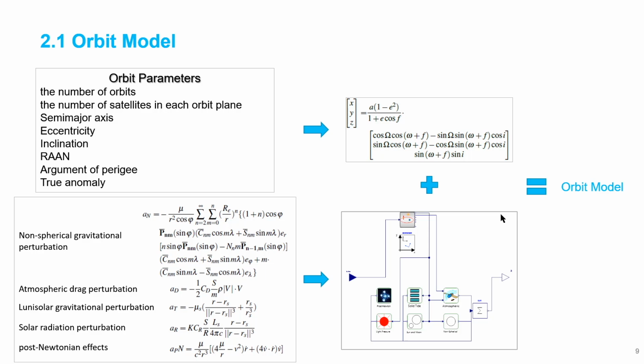The orbit perturbation model applies the influencing factors in space to the satellite to bring it closer to the real situation. The main perturbations in space include non-spherical gravitational perturbation, atmospheric drag perturbation, lunisolar gravitational perturbation, solar radiation perturbation, post-Newtonian effects.